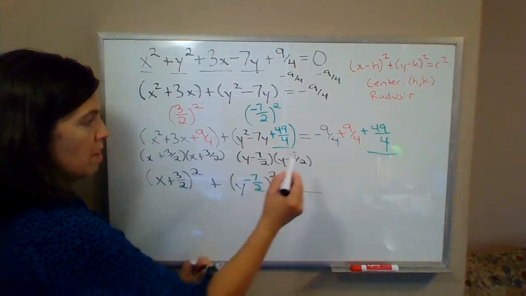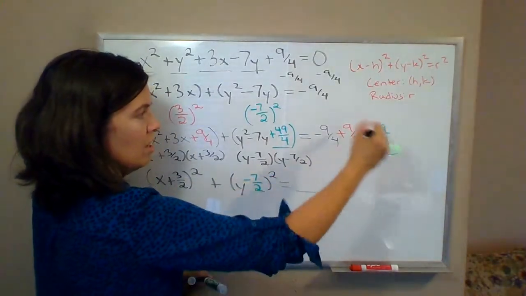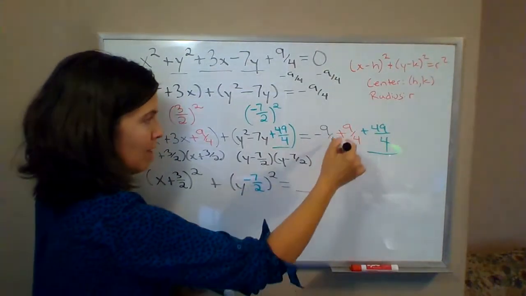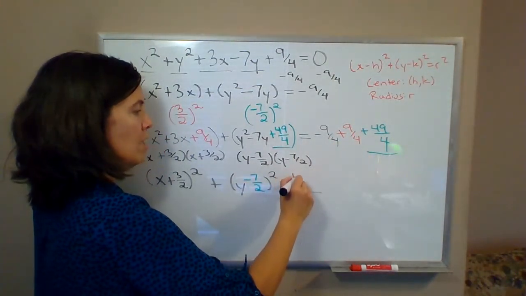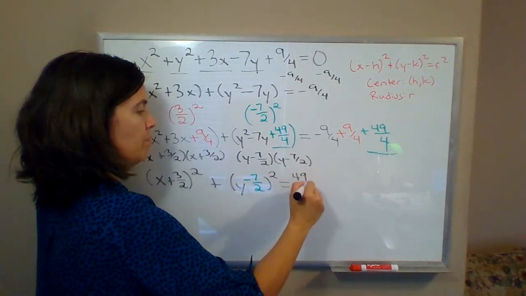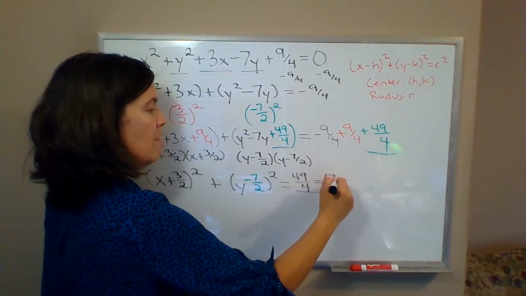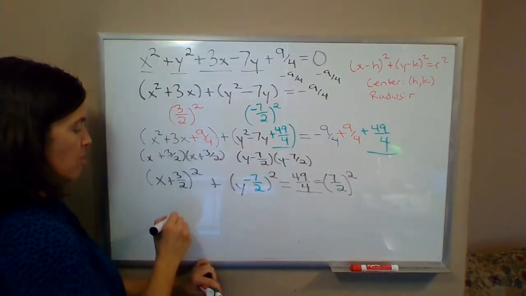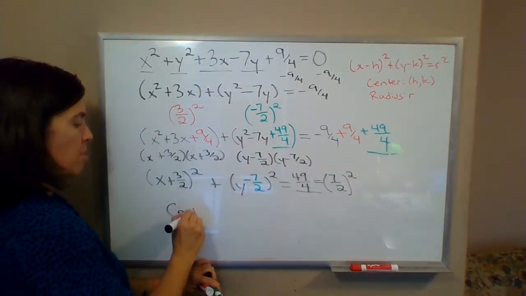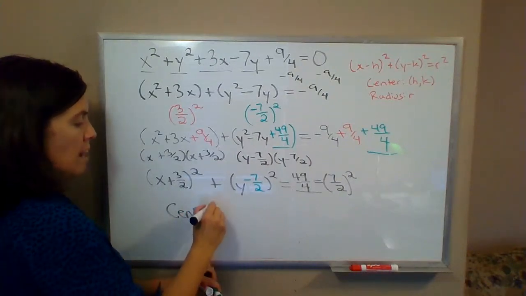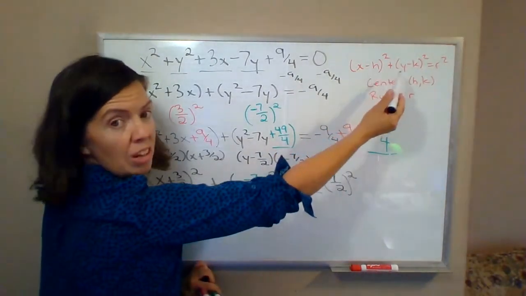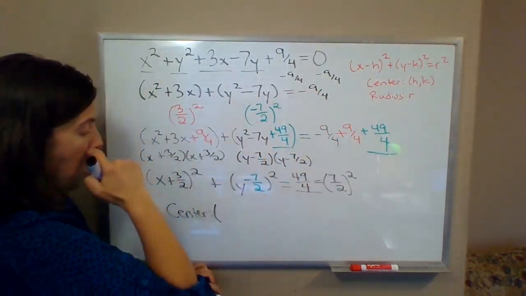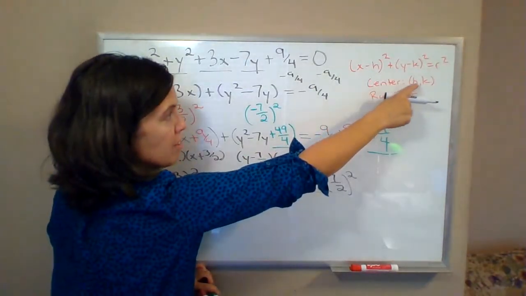So that's good. All right, so now just adding the values over here, well, -9/4 plus 9/4, that's kind of convenient. So that's 0. And then 49/4 here, which is 7/2 squared. So this is a circle with a center located at, so one thing to notice about the standard form for the equation of a circle, you have x minus h and y minus k when the center is at positive h, positive k.